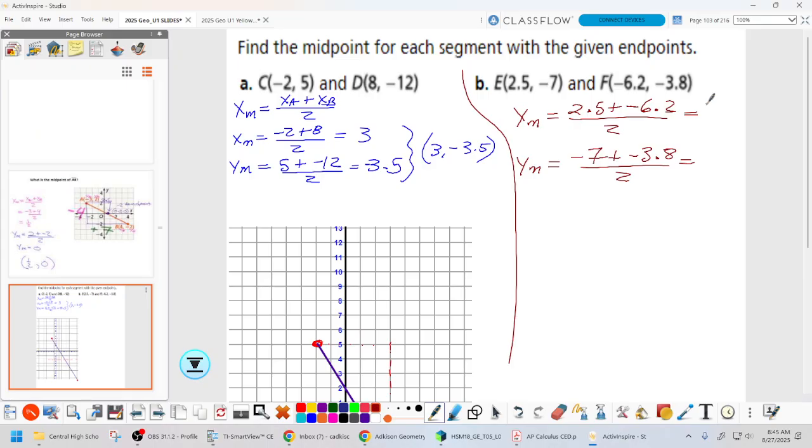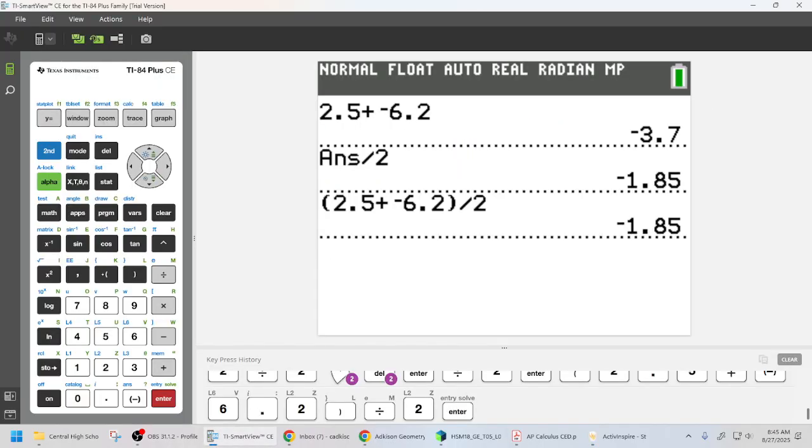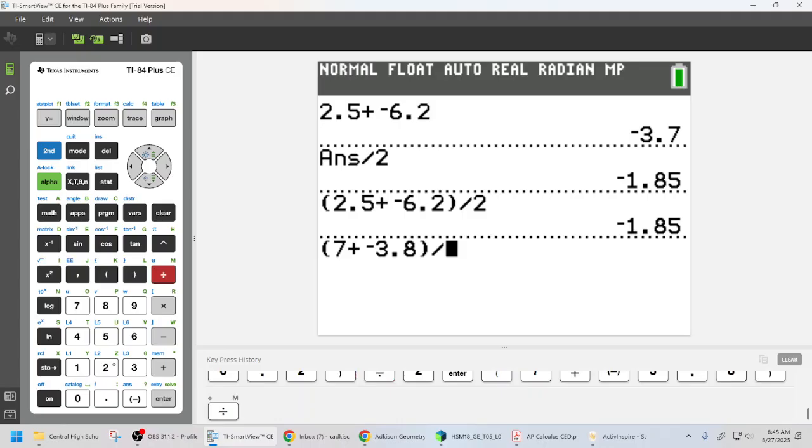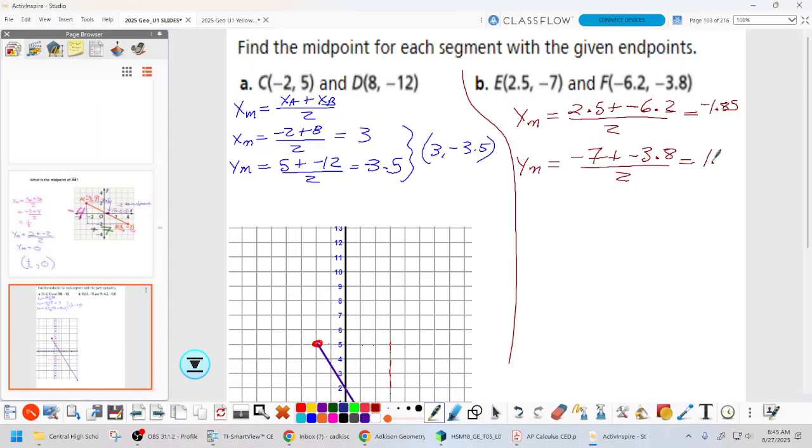So that one was -1.85, and then -7 and -3.8 is 1.6. Okay. Don't forget to write it as a point.